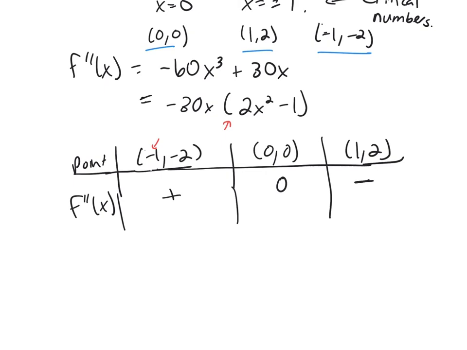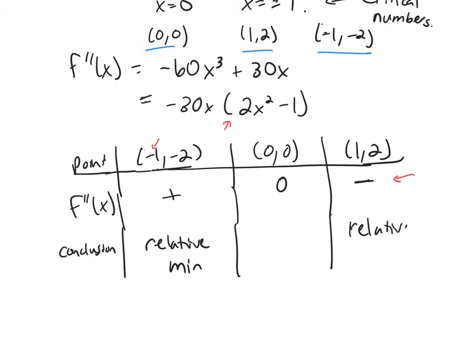So what does the second derivative test tell me? Well, if it's positive, that means it's concave up. So there's a relative minimum here. Here the second derivative was negative, which means it's concave down, so I have a relative max. And then here the second derivative was 0, so the second derivative test was inconclusive.